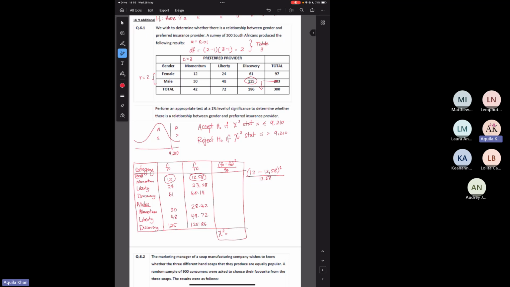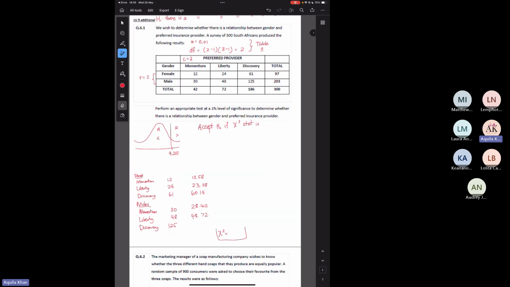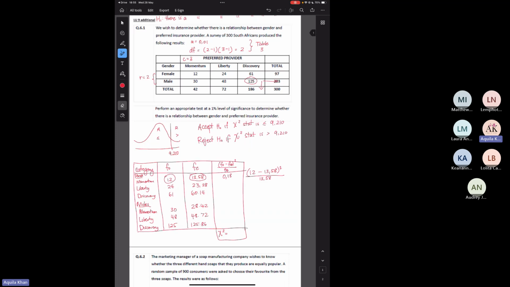So this is going to be, again, two decimals, unless they tell you otherwise, 0.18. So this is your FO minus FE squared over FE. So let me just remove that now and let's do the next one. Oh, sorry, I don't know why it's not erasing here. I'm going to leave that.